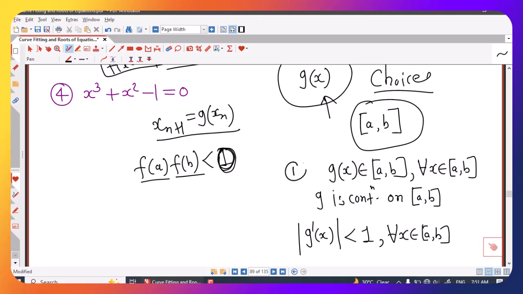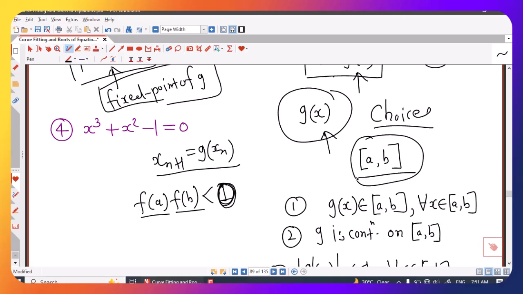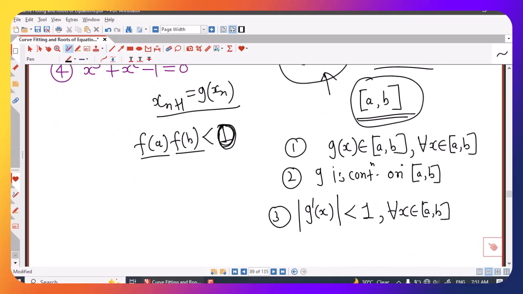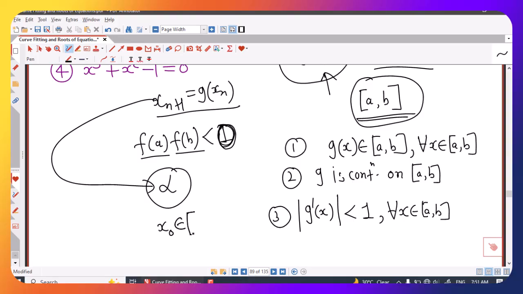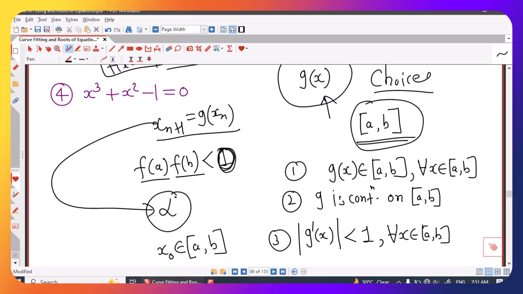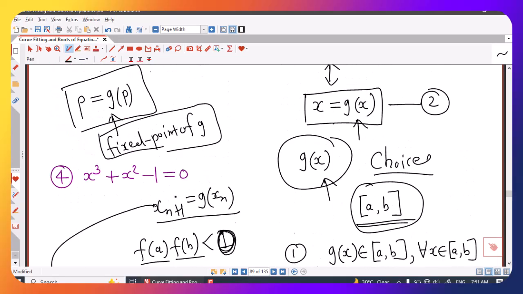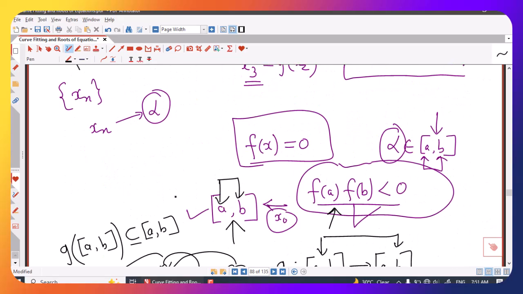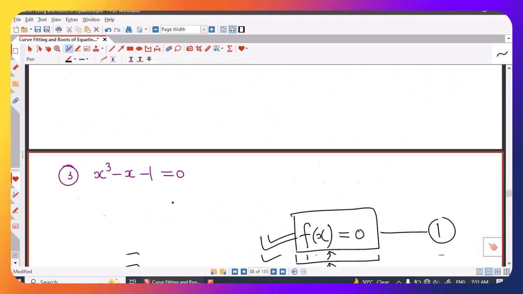So if our iterative function satisfies these three conditions on the closed interval [a, b], then this sequence of iterations will converge to the actual root alpha for any initial choice of root in the closed interval [a, b]. So we will take care of these things when we are solving problems using the fixed point iteration method.